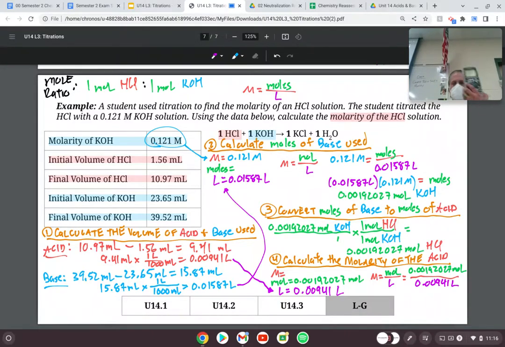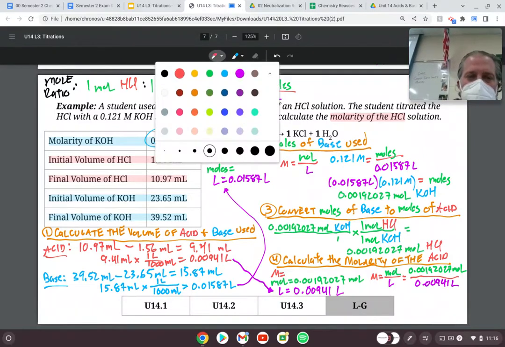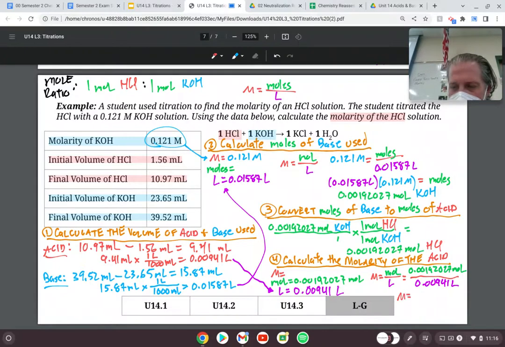I would grab my calculator and plug that into my calculator. And my final answer here for the molarity of my acid is going to be 0.204 molar HCl.